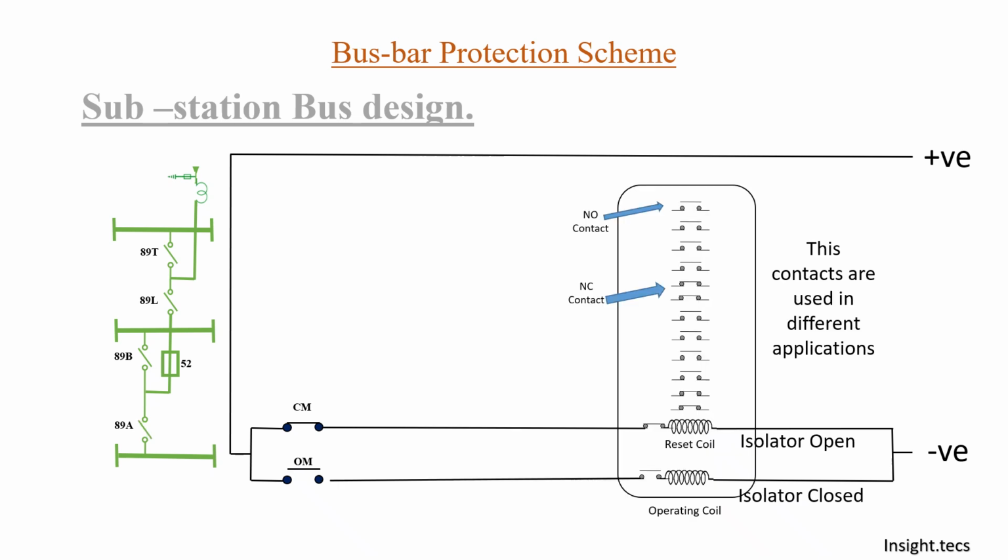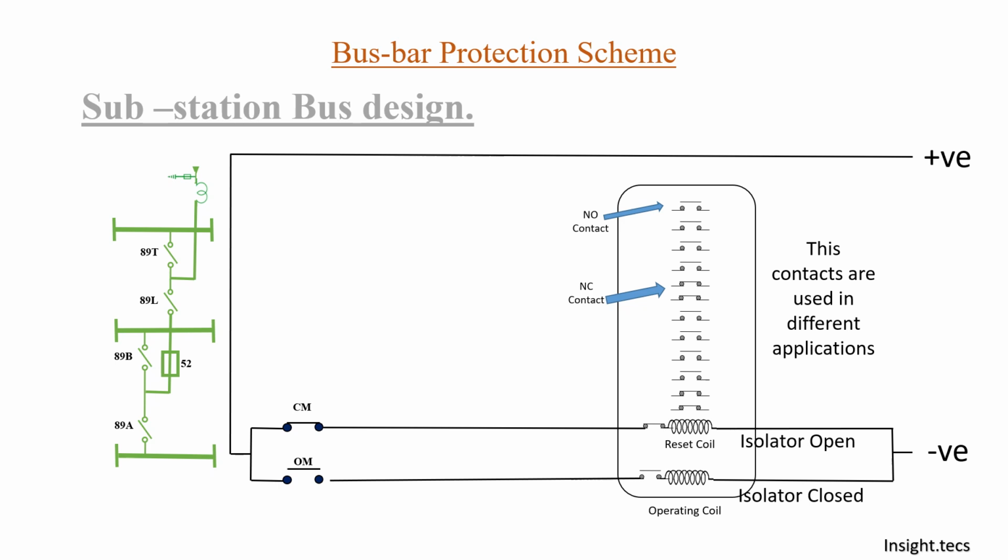Now this is called a contact multiplier relay, that is 29A. This contact multiplier relay is used along with the CM contact, and because it has multiple contacts on it, those contacts can be used for semaphore indication for different purposes.